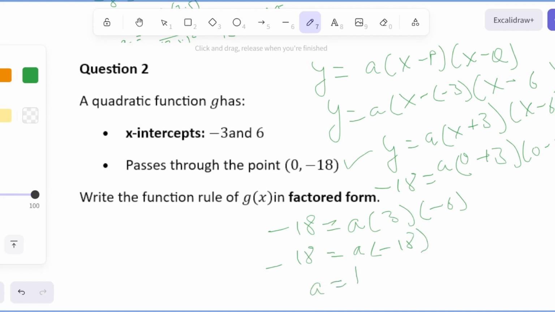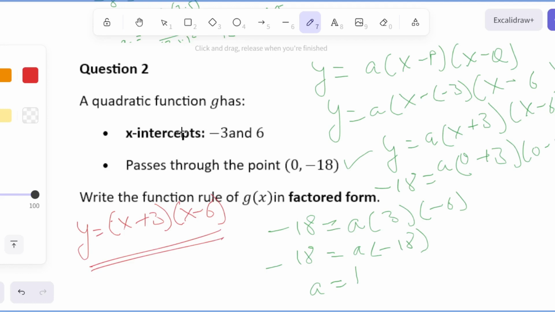So how will you write your equation of the parabola in factored form? y equal to, a is 1, so you don't have to write 1. Just write x plus 3 times x minus 6. That's the factored form.